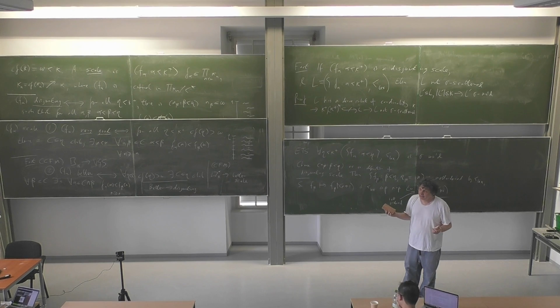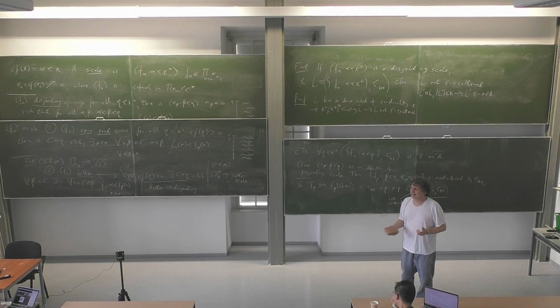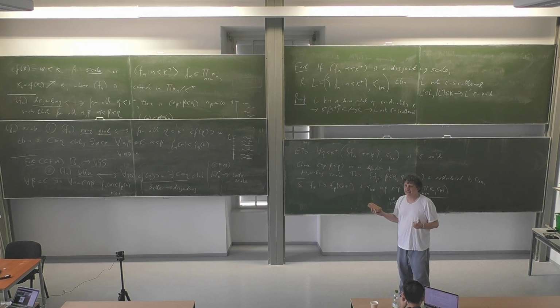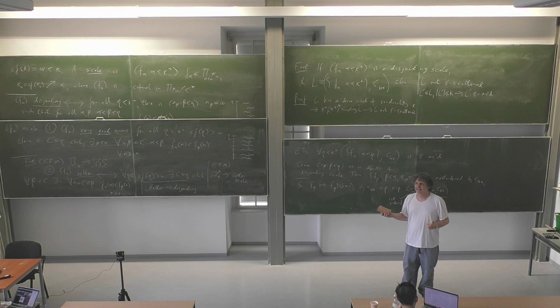And now you don't have even a weak square, but you have what Sarah likes to call the silly square. You have the principle which hands you, at each eta less than Aleph Omega, Aleph Omega plus 1 many clubs in a kind of coherent way.